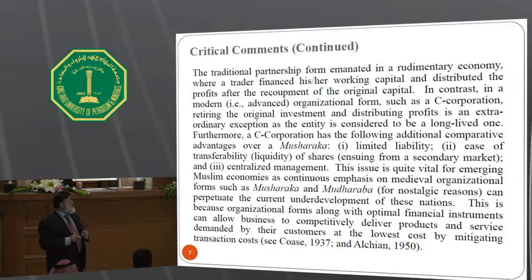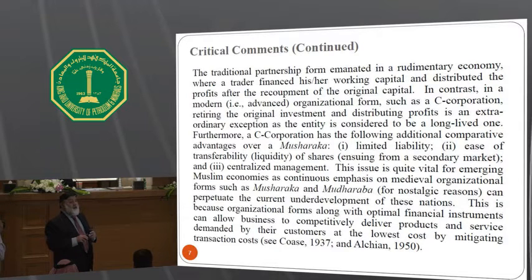In contrast, in a modern or advanced organizational form such as a C corporation, retiring the original investment and distributing profits is an extraordinary exception, as the entity is considered to be a long-lived one. Furthermore, the C corporation has the following additional comparative advantages over a musharaka.